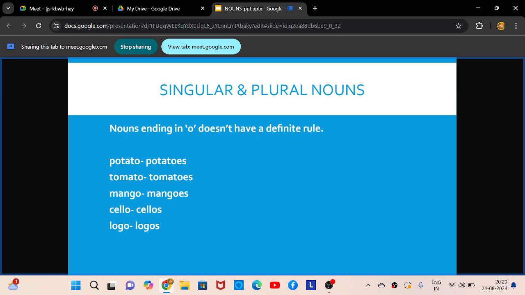But the last two examples are cello, cellos, and logo, logos. Here you are adding only s, you are not adding es. So some words that end in o need es to get the plural forms, whereas other words require only s. That is why we say nouns ending in o don't have a definite rule.